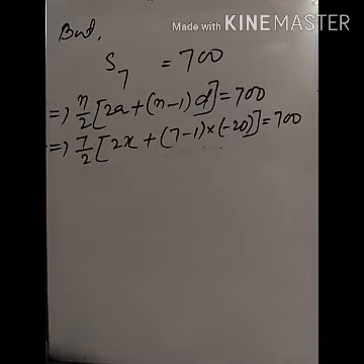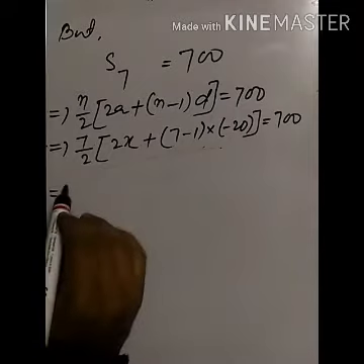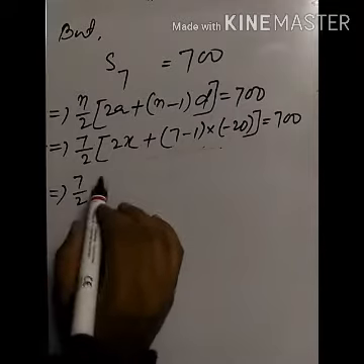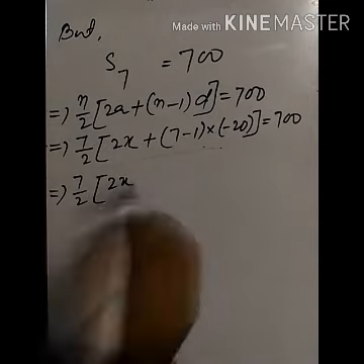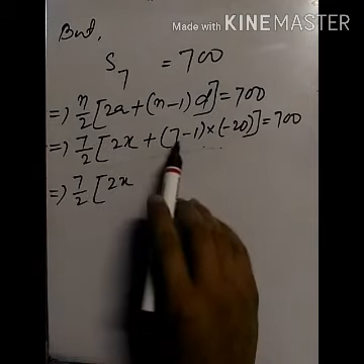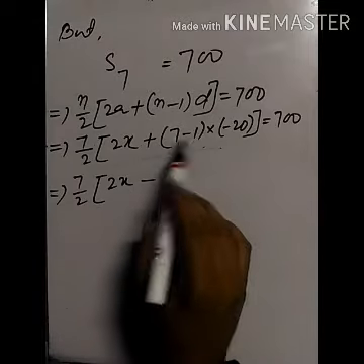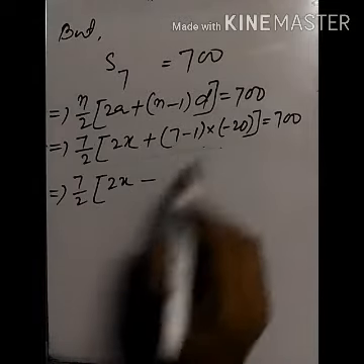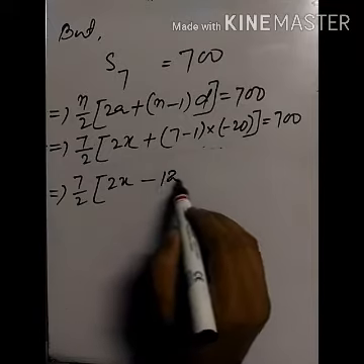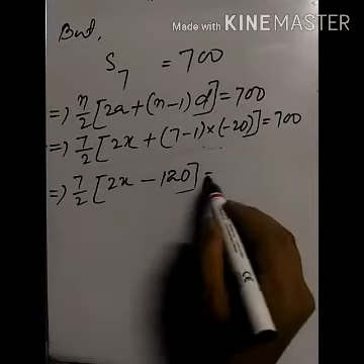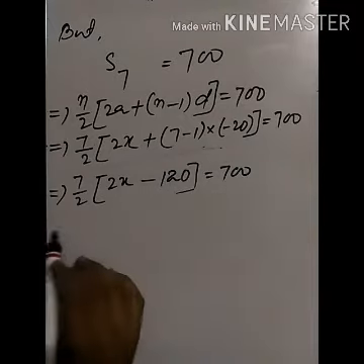Okay, so we'll continue now. This is 7 by 2 into twice X, plus into minus, there will of course be minus. 7 minus 1 is 6, 6 into 20 is 120. So equal to 700.